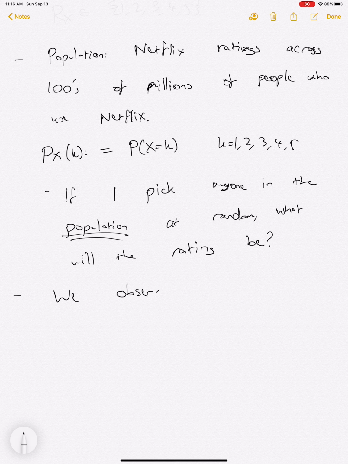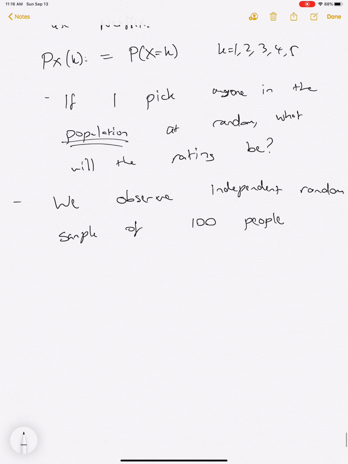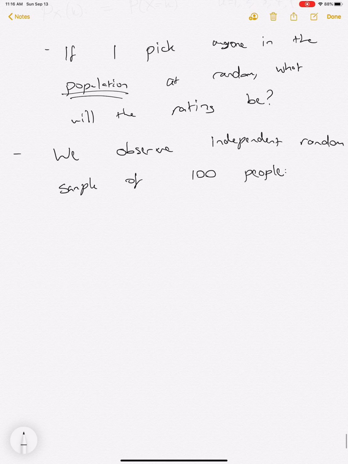And so observe an independent random sample of 100 people. Okay. And so what we have here is that you have x1, x2 up to x100. So that's your sample.